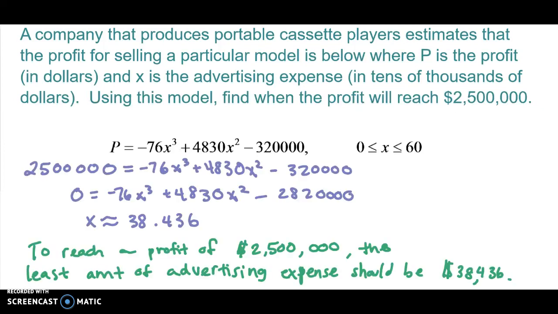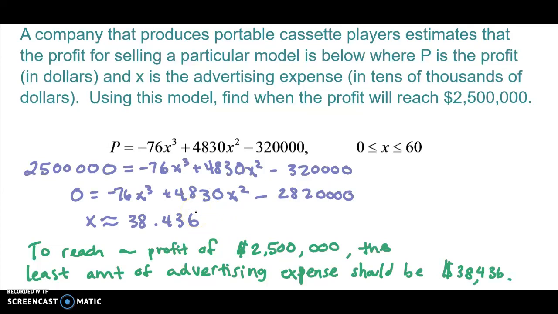Okay, so we want to start by setting the profit equal to this $2,500,000, which I did here. Then I set the side equal to 0 by subtracting that number. And from there, I plugged that into my calculator. I was looking for x-intercepts, and I found x about 38.436 would be an x-intercept.